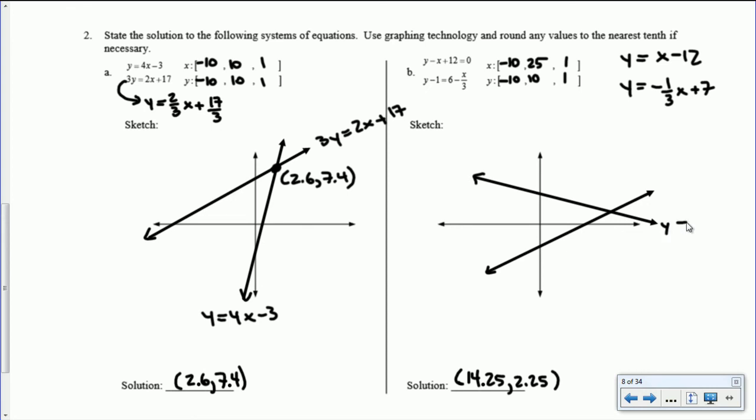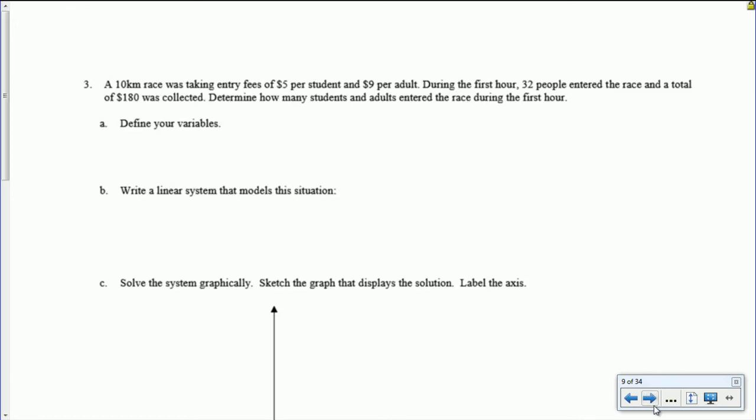So this was our y minus 1 equals 6 minus x over 3, and this was our y minus x plus 12 equals 0. This point here was 14.25 and 2.25. Okay, moving on to number 3.